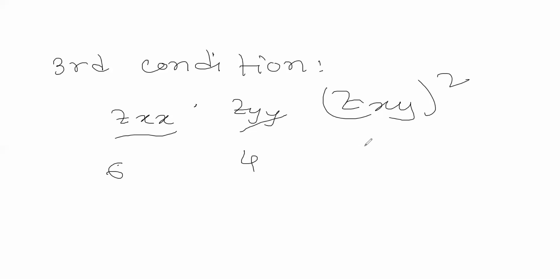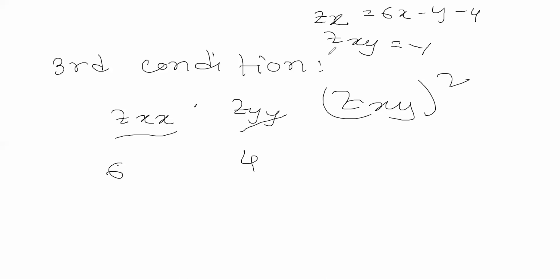So we need to see the partial derivatives now. If we differentiate z of x, which was 6x minus y minus 4, with respect to y now, we get a negative 1.